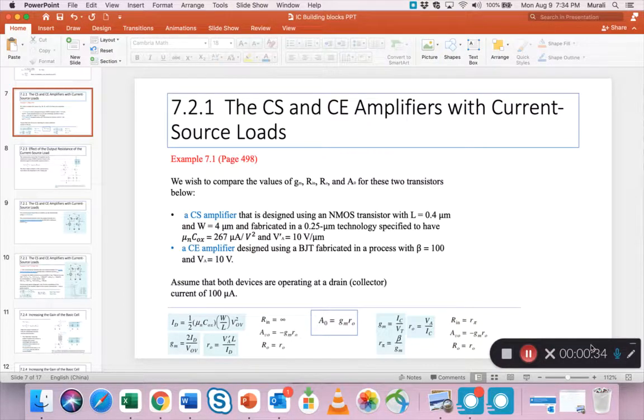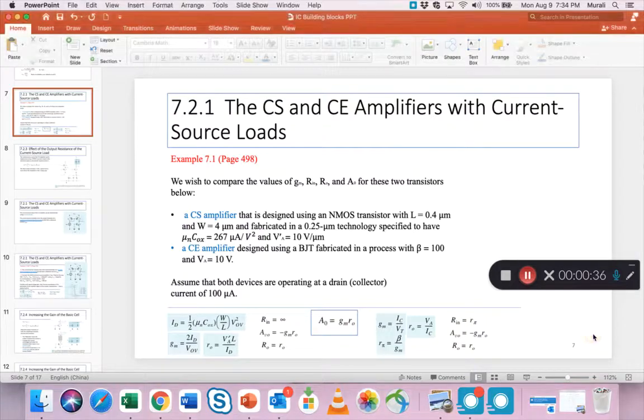So starting with example 7.1 from the textbook, which is on page 498, and I'm on slide 7 of my PPT. It's a very basic example. Again, it's worked out in the textbook, so I expect you to go through it in detail.